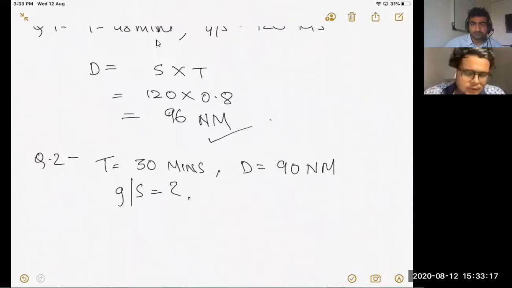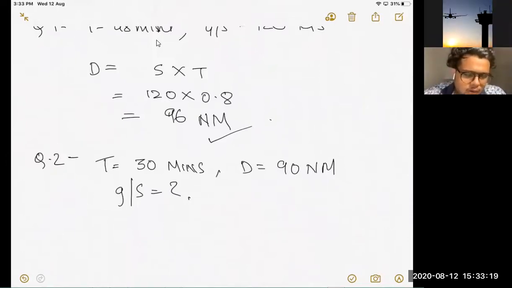Okay, so I had my duration that was 30. So time is equal to 30, and distance will be 90 nautical miles. And I need to find the ground speed.